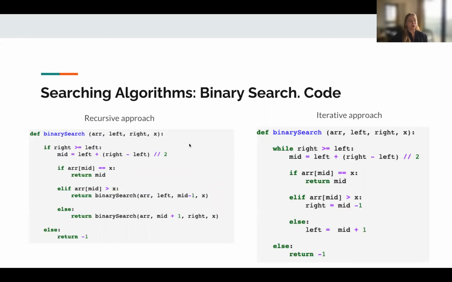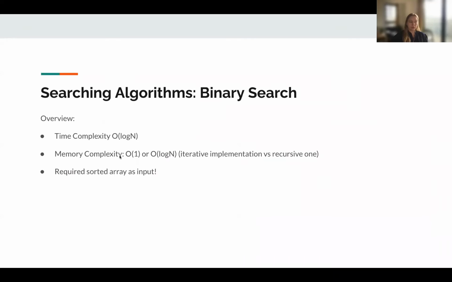You can use either a recursive method or an iterative approach. The difference is that here you have a cycle with while, and here you're just calling the binary search function from binary search. The only difference would be in memory, because in the iterative implementation, you don't need additional memory, while in the recursive one, you use the stack when you're calling the function.